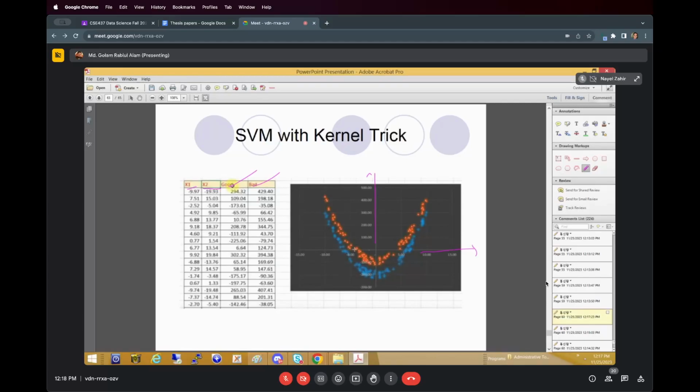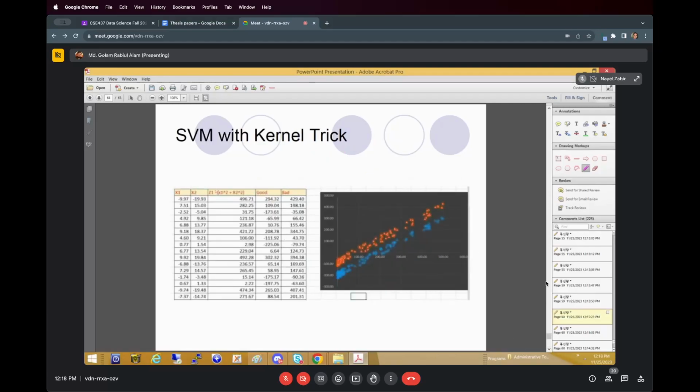Can we define a simple kernel trick? So here we applied a simple kernel trick, that is G, which is x1 squared plus y1 squared.